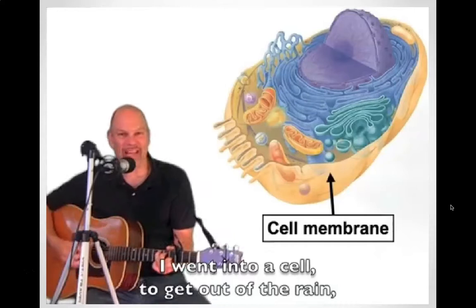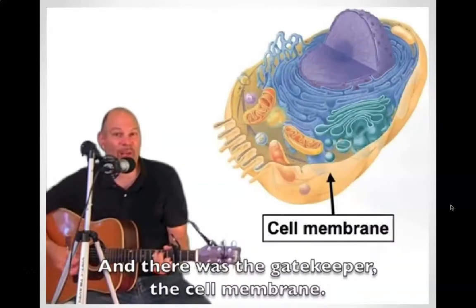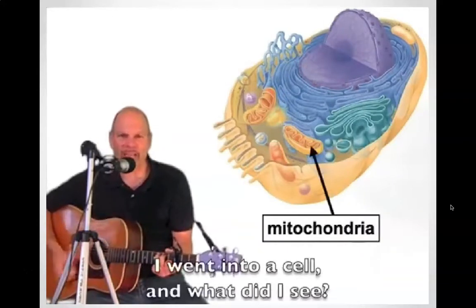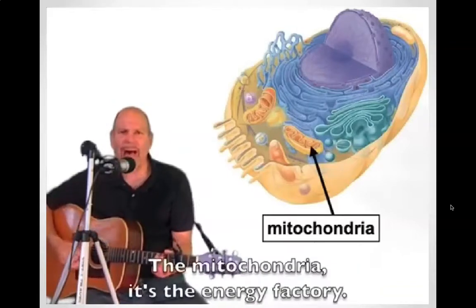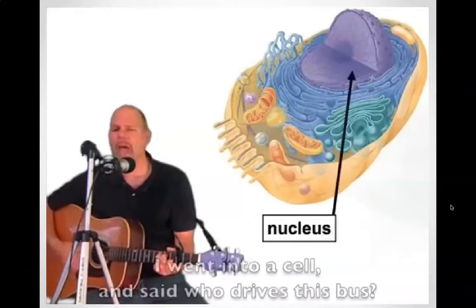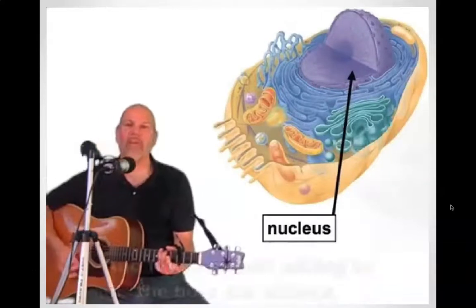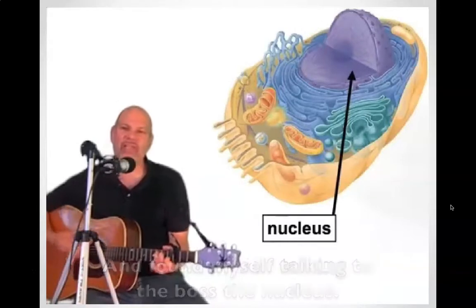I went into a cell to get out of the rain, and there was the gatekeeper, the cell membrane. I went into a cell, and what did I see? The mitochondria, it's the energy factory. I went into a cell and said, who drives this bus? And found myself talking to the boss, the nucleus.